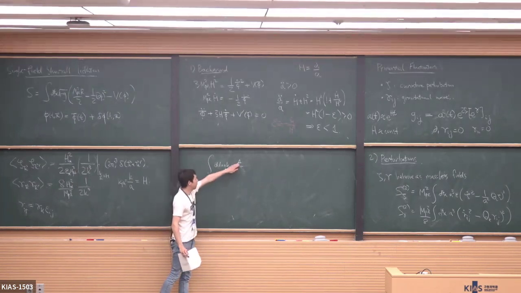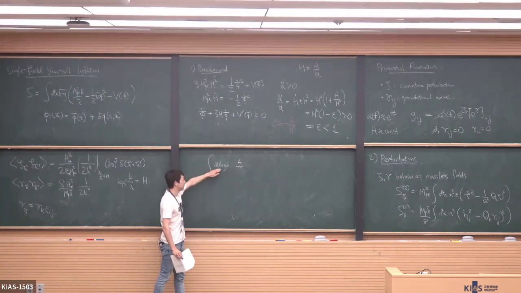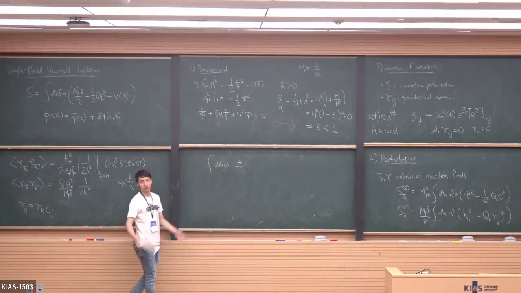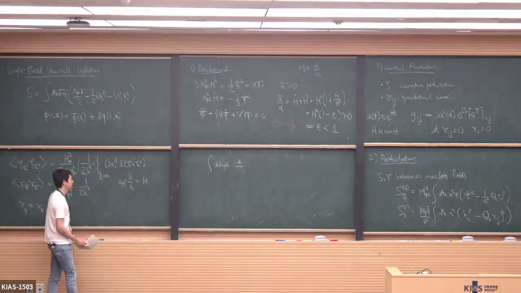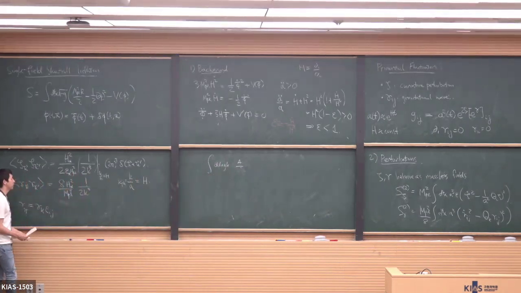So if the power spectrum goes as 1 over k cubed, we are saying there is equal power at different intervals of the log k scale. That's what we mean by a scale-invariant power spectrum.